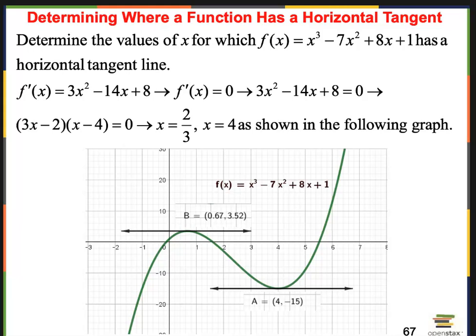If we set it equal to 0, we're saying we have a slope of 0, which is a horizontal line. And so when we do that, we factor and find out where x equals 2/3 and x equals 4. That's where we have horizontal tangents for this particular function. So we'd have one here at 2/3 and one here at 4.